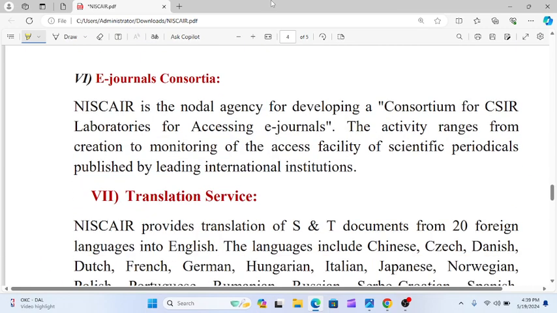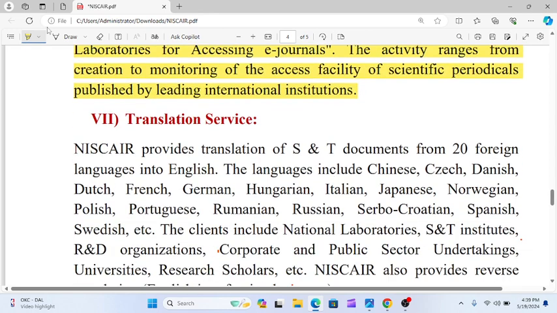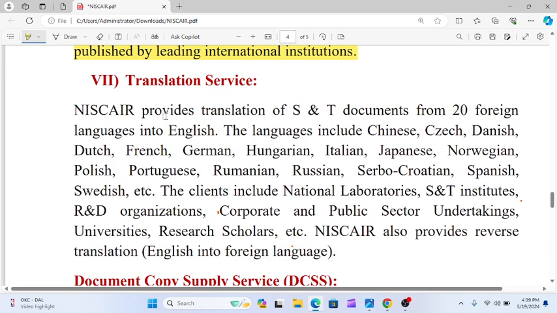Next, e-journals consortia. NISCAIR is a nodal agency for developing a consortium for CSIR laboratories for accessing e-journals. The activity ranges from creation to monitoring of the access facility of scientific periodicals published by leading international institutions. And traditional services: what are the translation services? NISCAIR provides translation of science and technology documents from 20 foreign languages into English.